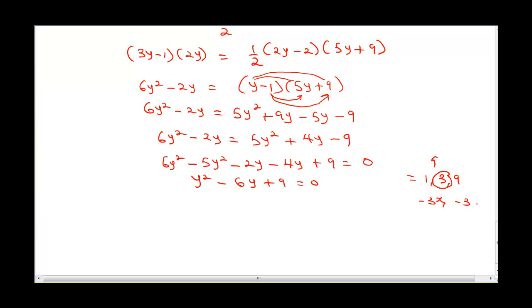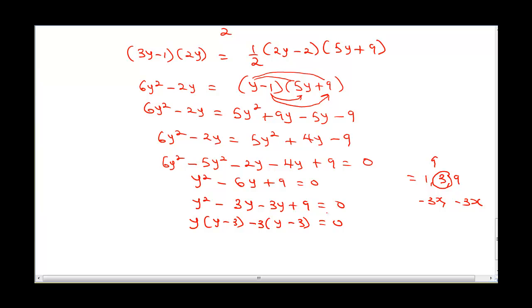When you sum this up, it's going to give us minus 6y, and when you multiply it, it's going to give us plus 9. So, okay, that's going to be y squared minus 3y minus 3y plus 9 is equal to 0. So y is common here, so we have y minus 3. So this is going to be minus 3 into y minus 3 is equal to 0.